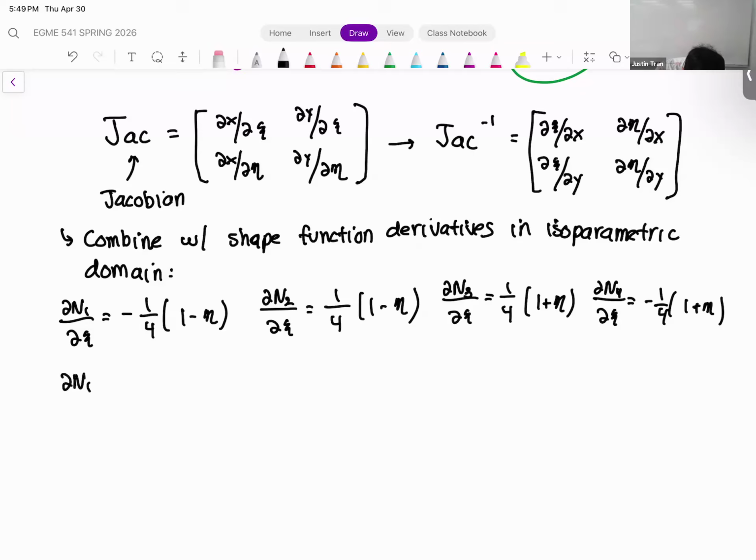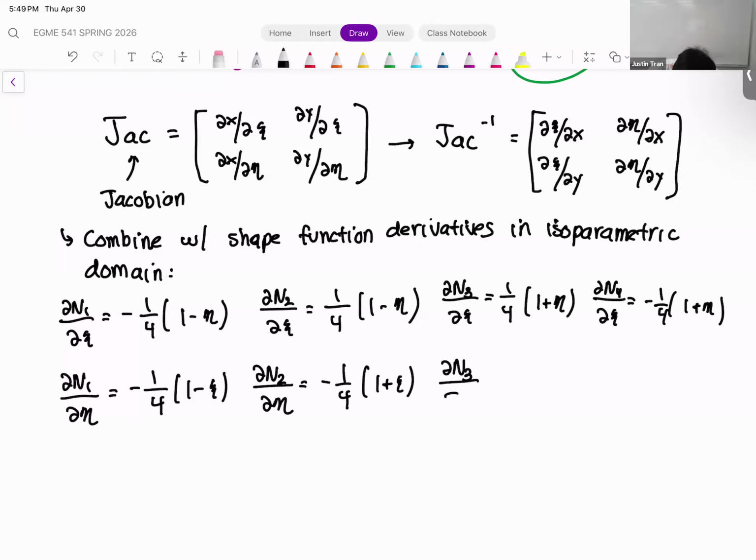So partial n1, partial eta is equal to minus 1/4, 1 minus epsilon. Partial n2, partial eta is equal to minus 1/4, 1 plus epsilon.